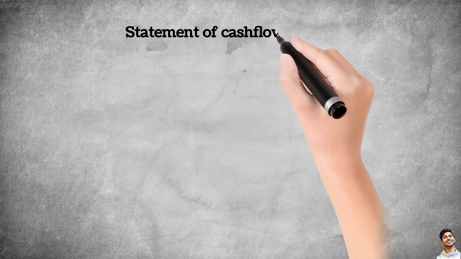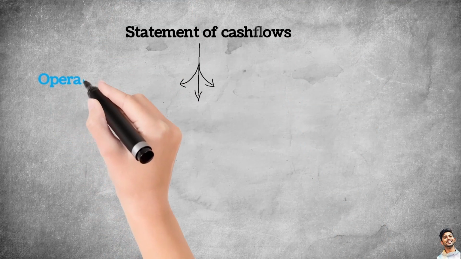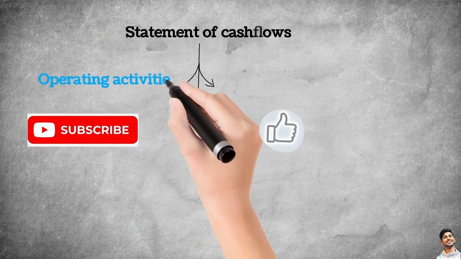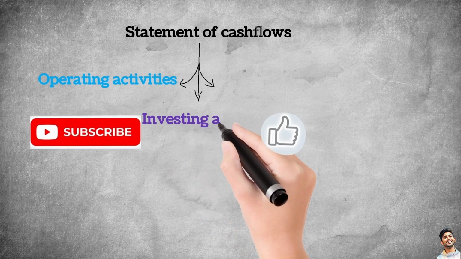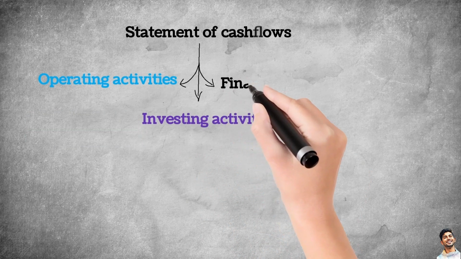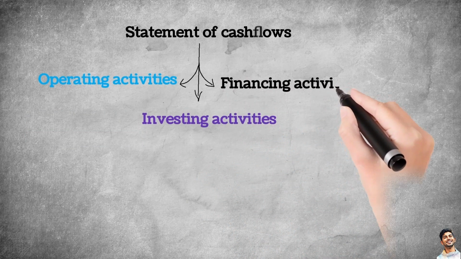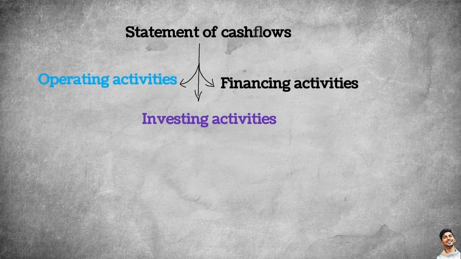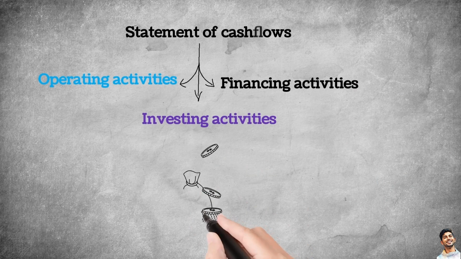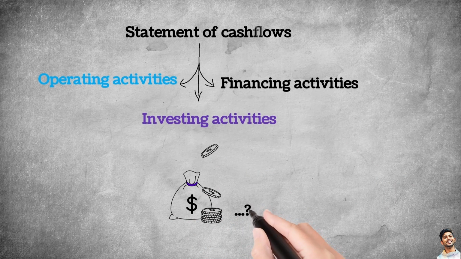It tracks money in 3 areas: operating activities, investing activities, and financing activities. So it answers a simple question: where did the cash actually move?